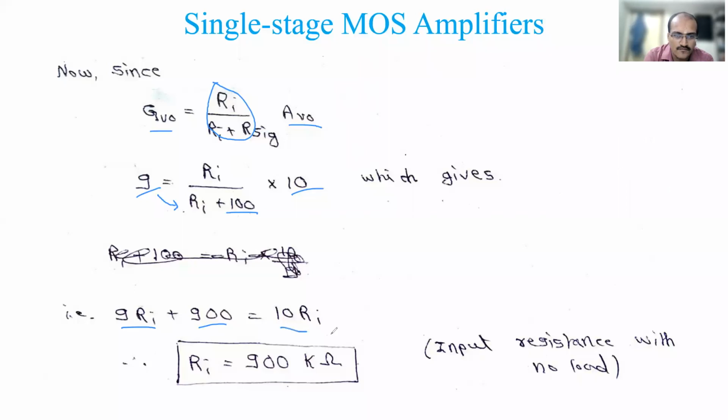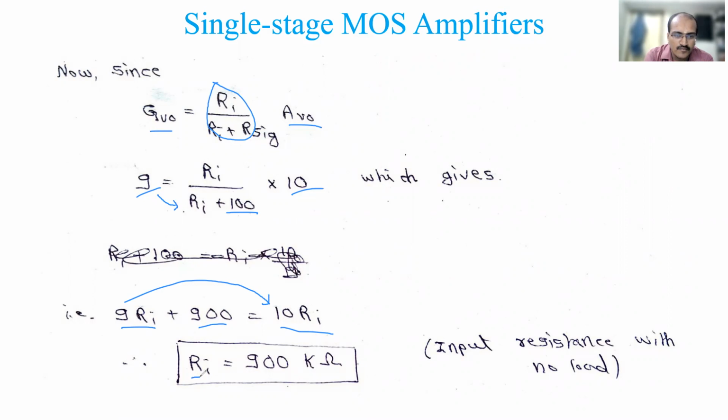So this is 10 Ri. Take the 9 Ri to this side, and it becomes minus. 10 Ri minus 9 Ri is 1 Ri, which means the Ri value. What remains is 900. You have to keep the answer in kilo because I have not substituted it here.